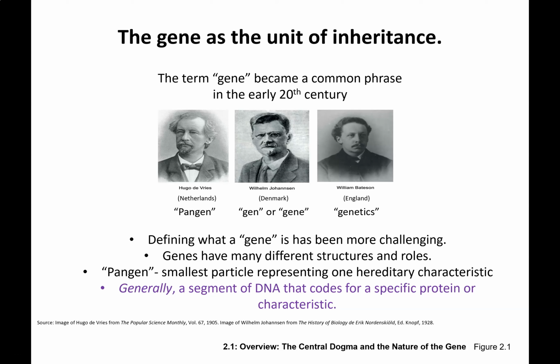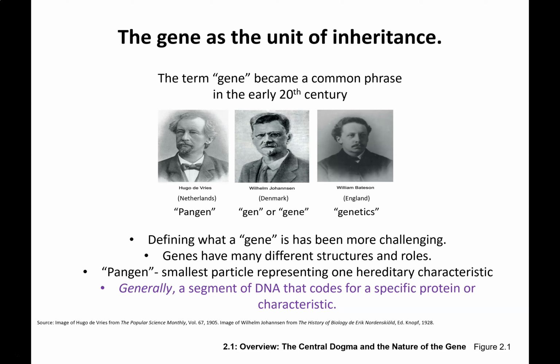The term pangen was coined to identify some unknown factor that was being passed on from parent to offspring. In general, a gene is a short segment of DNA that codes for a specific protein and therefore a specific characteristic.